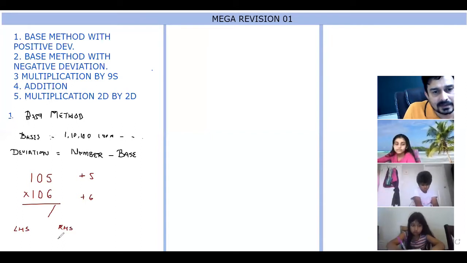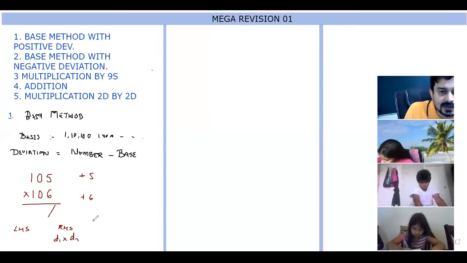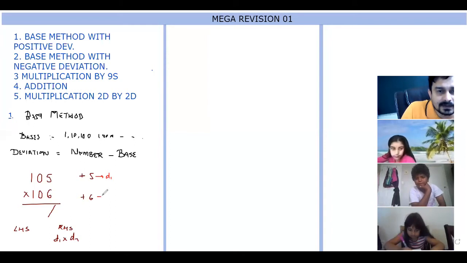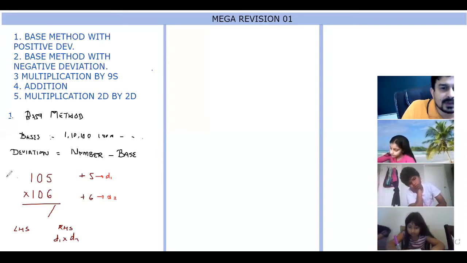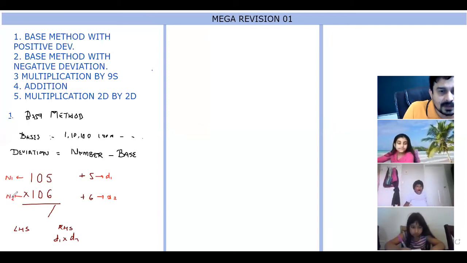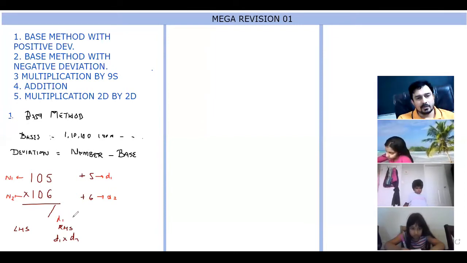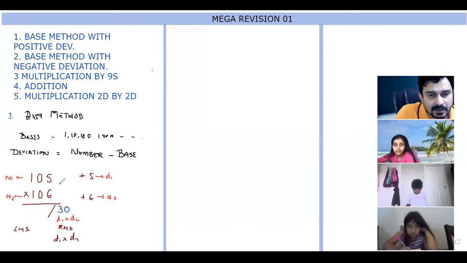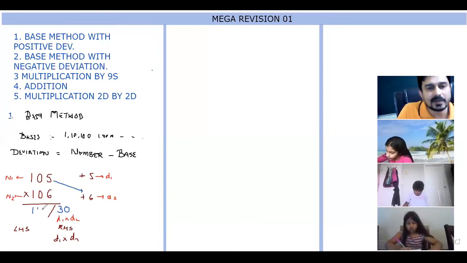In RHS, we will write deviation 1 into deviation 2, so 6 times 5 is 30. On the LHS we apply 105 plus 6, which is 111.